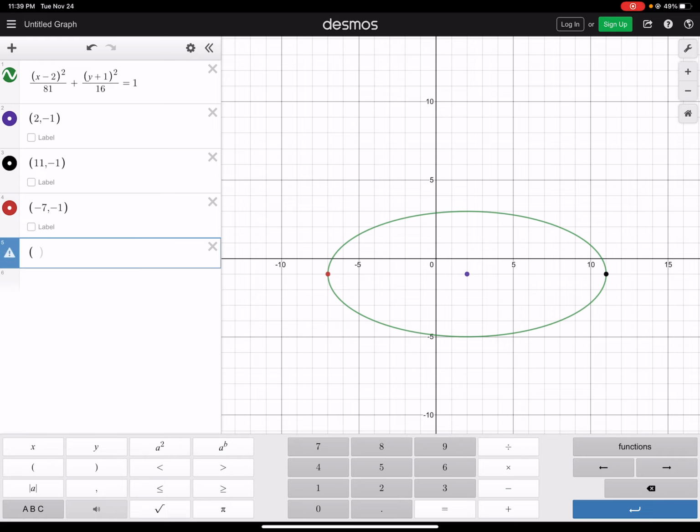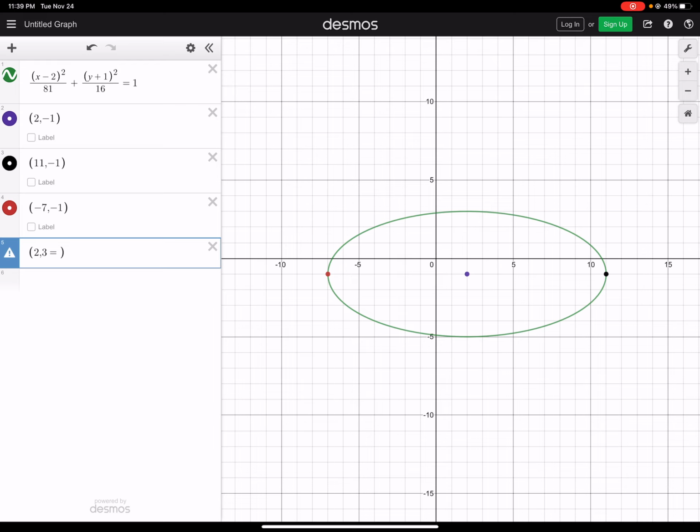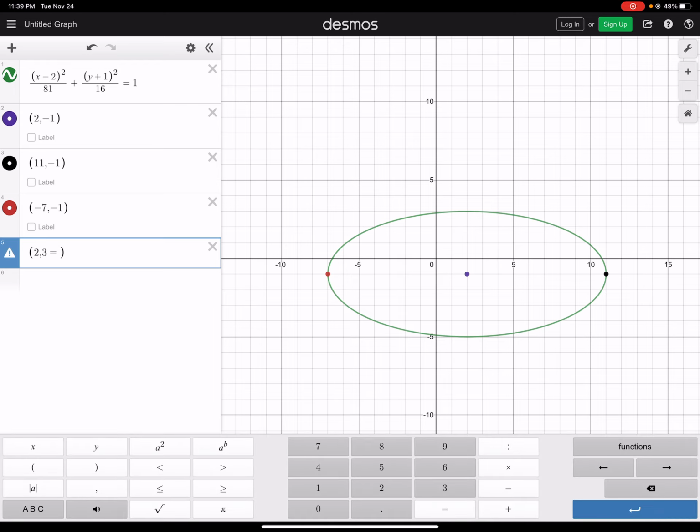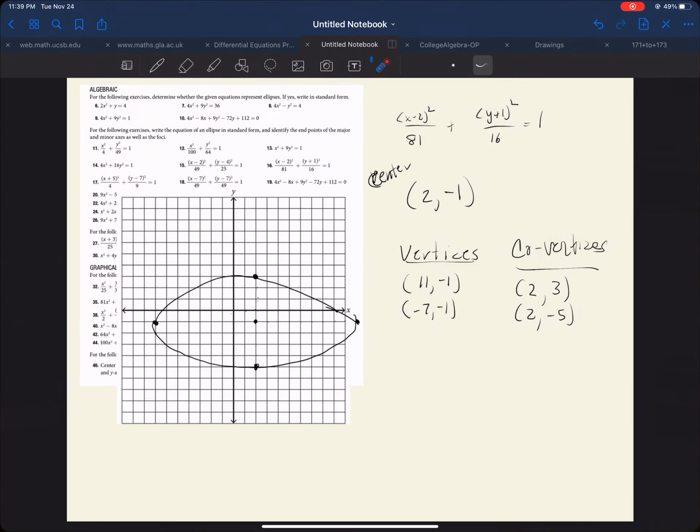We said we would be at the point 2, comma, 3 on that minor axis, and at 2, comma, -5, right there. So there are all those points, and all of those I grabbed just here from our notes. And they all sit exactly how they should on there.